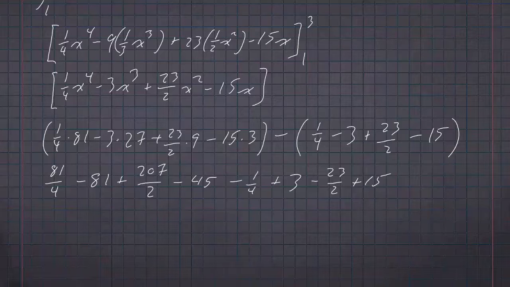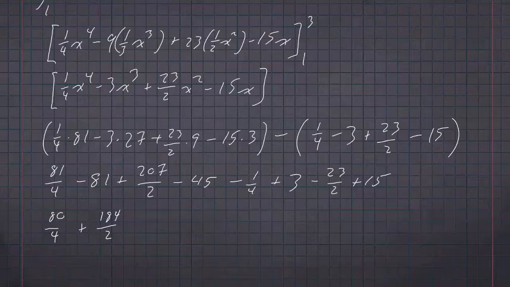We could look for common denominators immediately, but this is actually going to be easier. Noticing where we do already have common denominators, 81 over 4 minus 1/4 is 80 over 4, and we'll be able to divide that. 207 over 2 minus 23 over 2 is 184 over 2, and we'll be able to divide that.